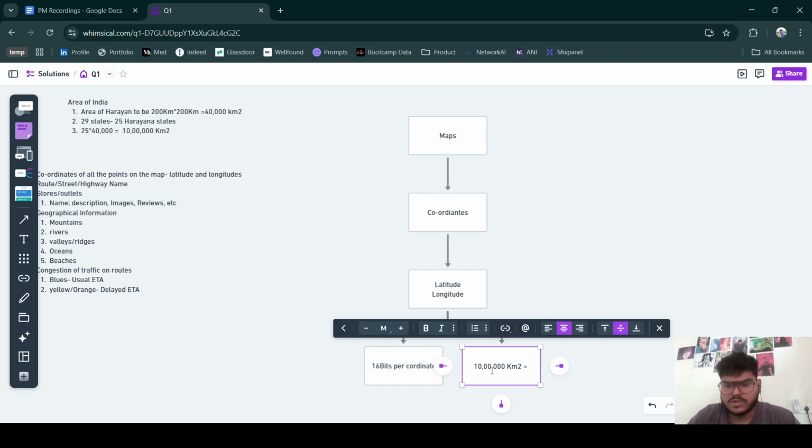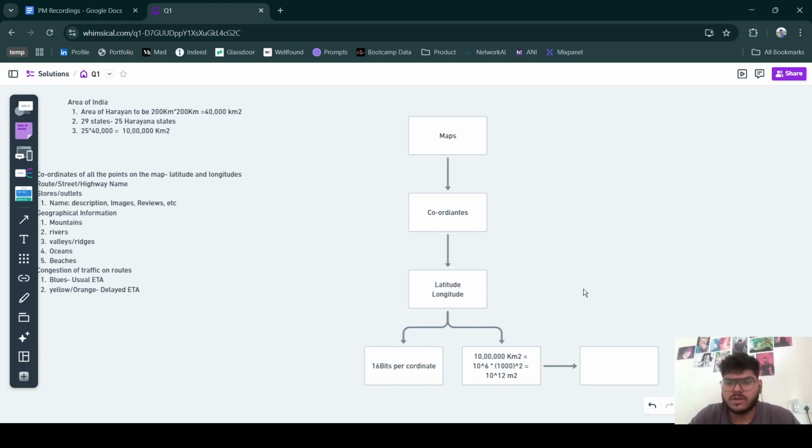So it is 10 to the power 6 times 10 to the power 6, that becomes around 10 to the power 12 meter square.